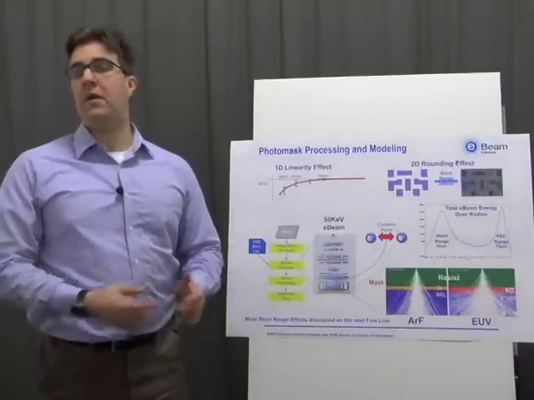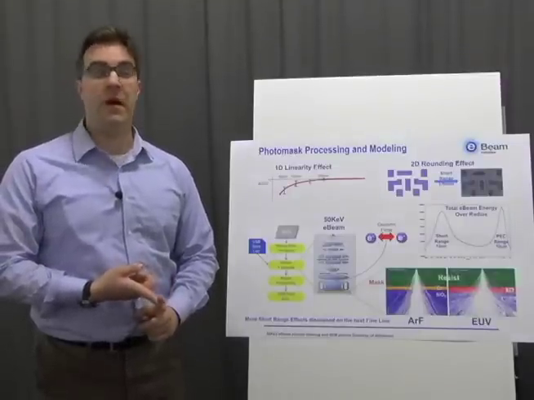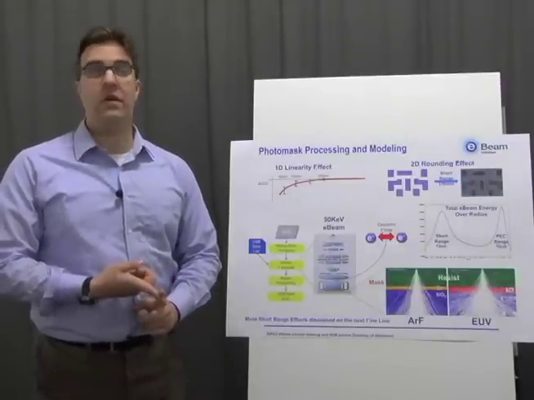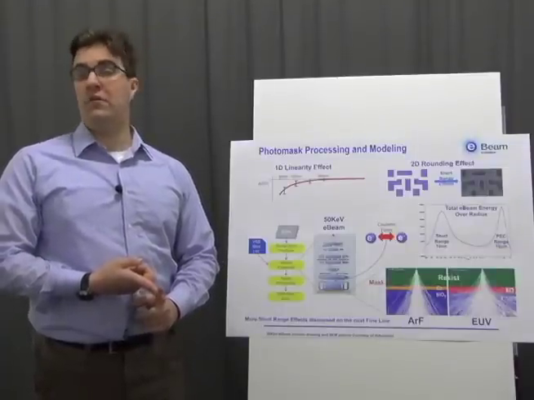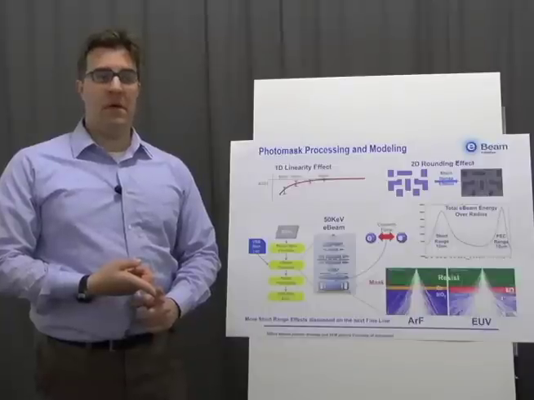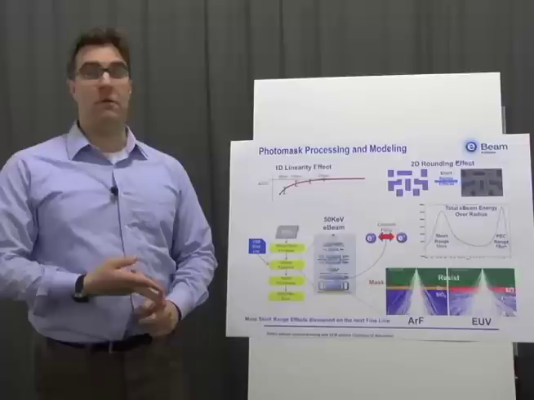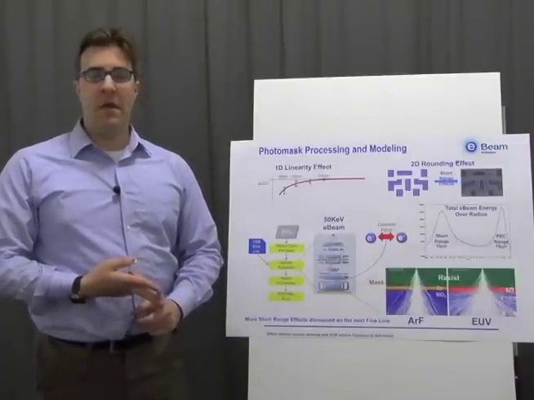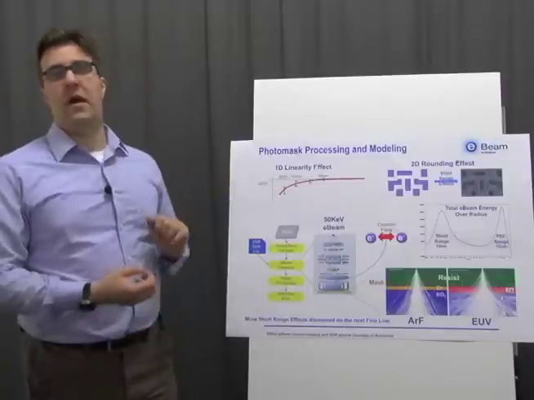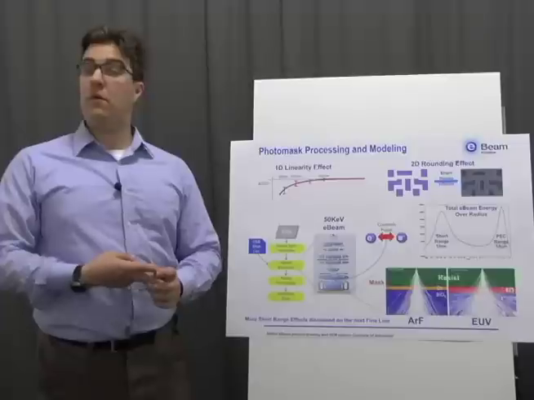This is very well characterized, very easy to model via a simple Gaussian density effect, and is very accurate in describing the effect of very long-range backscattered electrons. As a matter of fact, the people on the wafer side see this kind of effect too. It's called flare, and it's modeled in exactly the same way. So what's left to explain some of these non-idealities, these non-linearities, is really then backscatter and forward scatter.